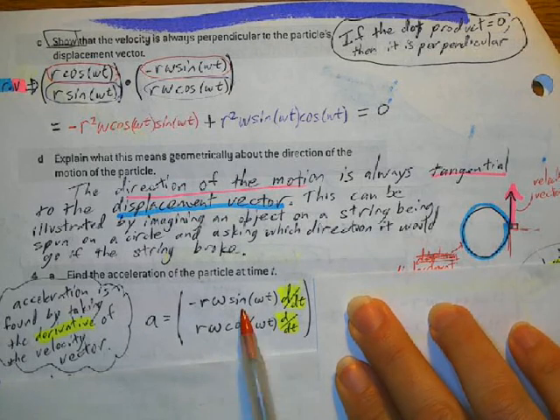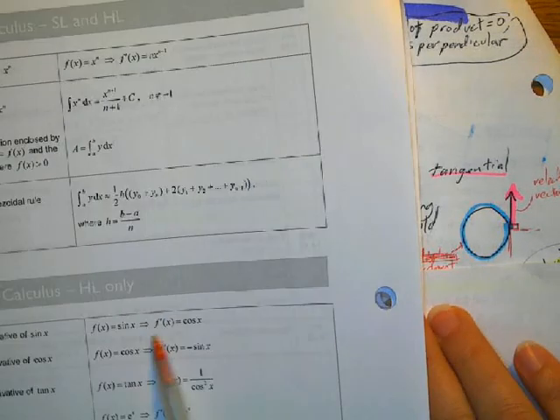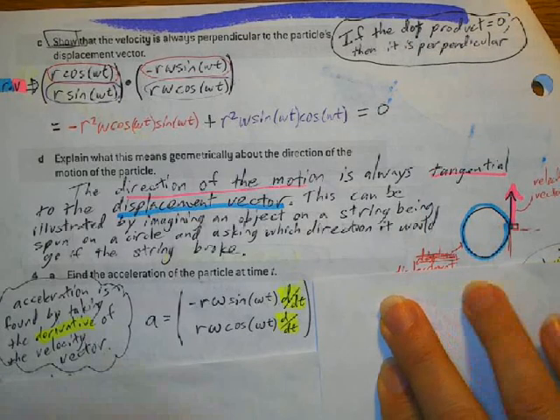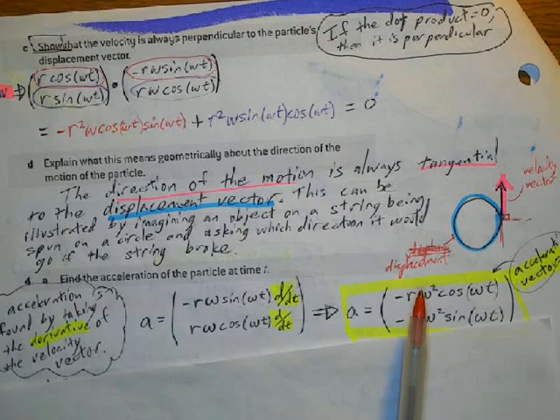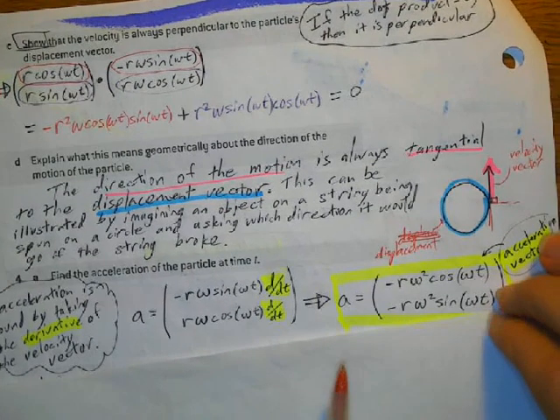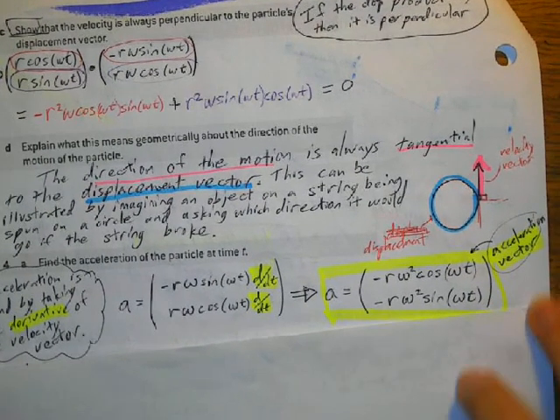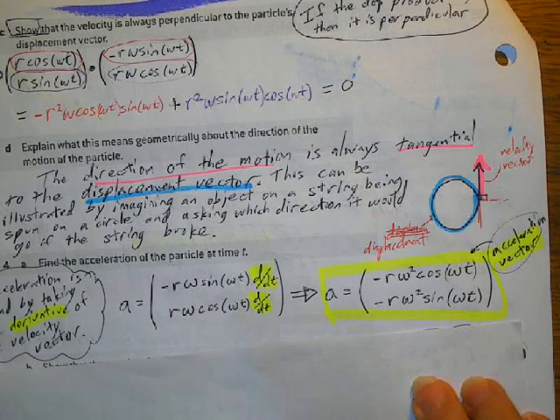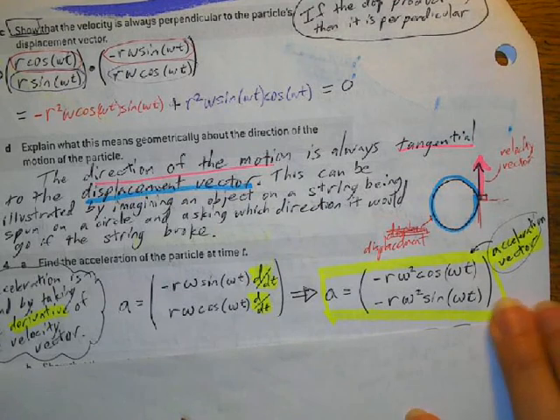The derivative of sine is cosine, and the derivative of cosine is negative sine. Once I take the derivatives, we end up with this, and there is my acceleration vector. For the rest of this handout, I'm going to highlight acceleration vectors in yellow.